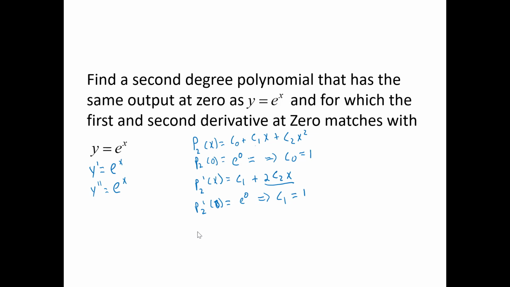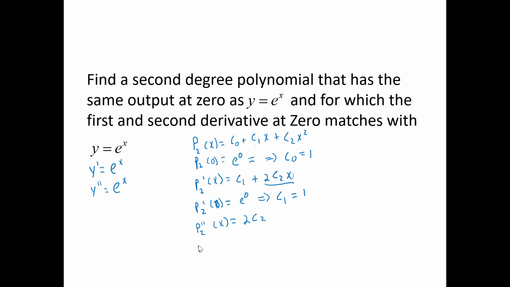And next we need to find c2. So when you take p2 double prime of x, you take the derivative of this expression right here, which will make this term go away. The derivative of x is just 1, and you just get 2 times c2.